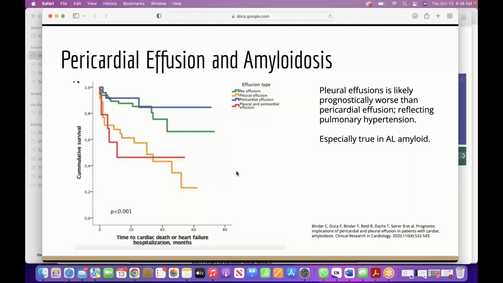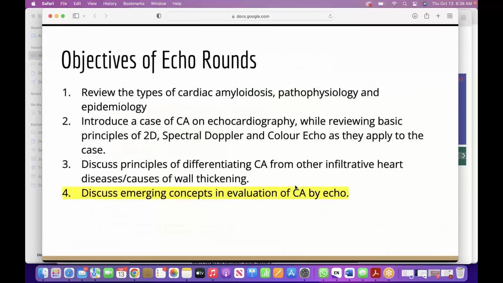Whether that's related to pulmonary pressures or other mechanisms is not clear. The association was seen most clearly in people with AL amyloid, which may reflect extent of malignant disease in that condition. I wanted to take some time to also discuss some emerging concepts in cardiac amyloid and its evaluation by echo.